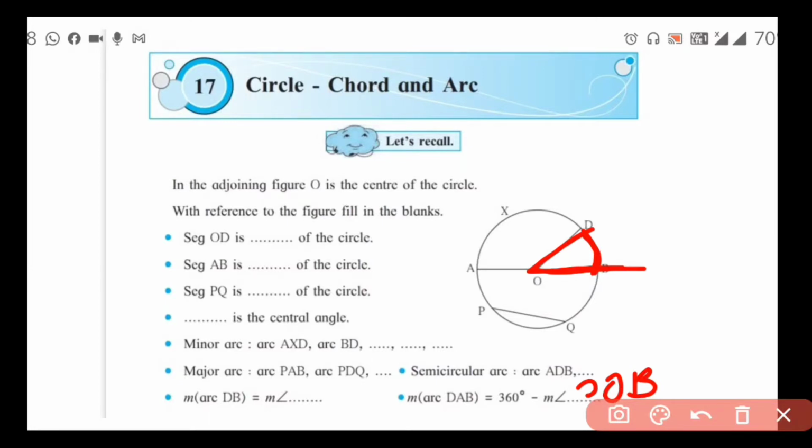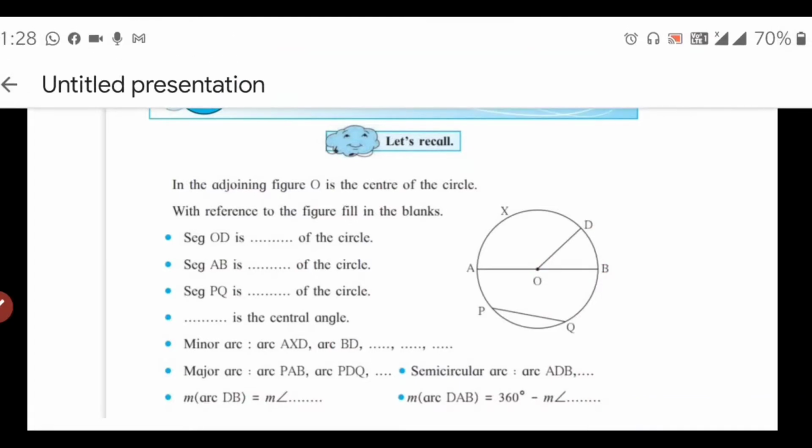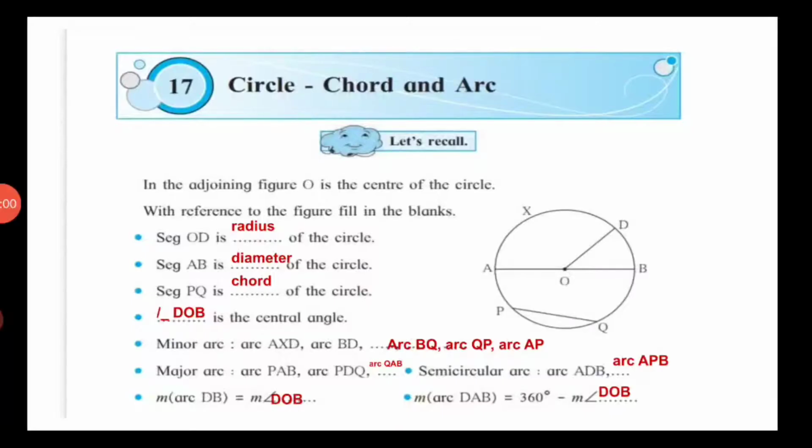Let me show you all the answers again. So the answers are: seg OD is the radius of the circle. Second, seg AB is the diameter of the circle. Third, seg PQ is a chord of the circle. Fourth, angle DOB is the central angle.